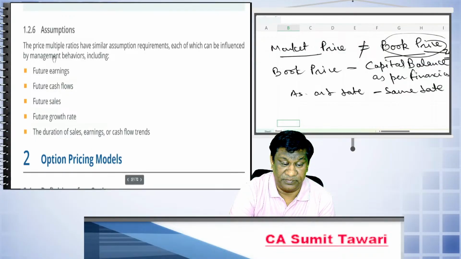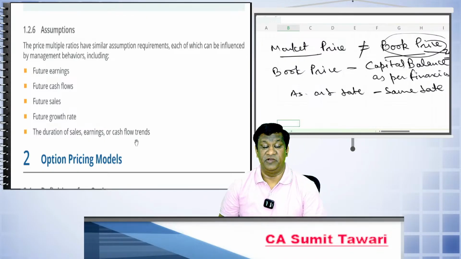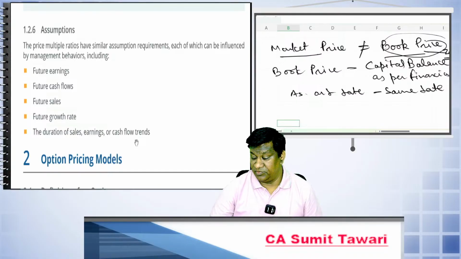Okay. So the price multiple ratios have similar assumption requirements, each of which can be influenced by management, including future earnings, cash flow, sales, future growth rate, and duration of the sales, earnings, or cash flow trend. So it depends on that. Mostly we need to use the expected one.